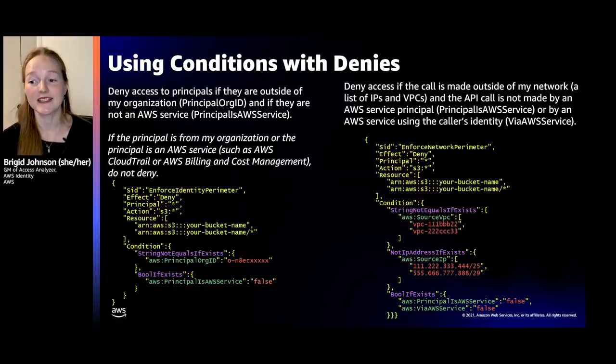And you can see that VPC list that's in orange on the right-hand side policy, that VPC list is ORed, right? So it can come from VPC 111 or VPC 222. And if it's not one of those, then that condition is met and the deny would kick in along with the others, right?